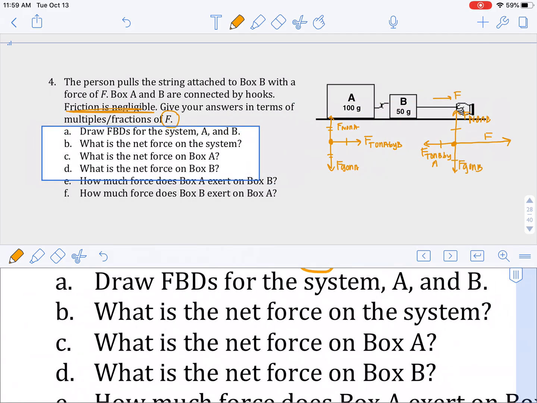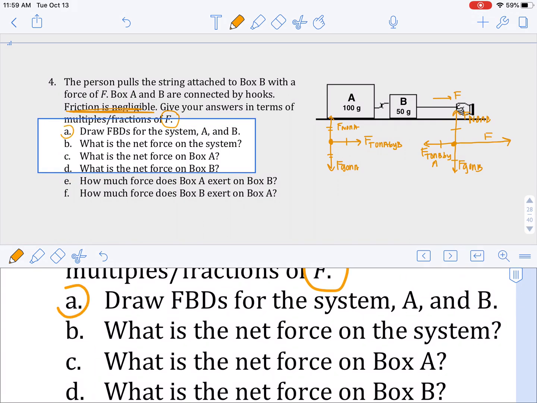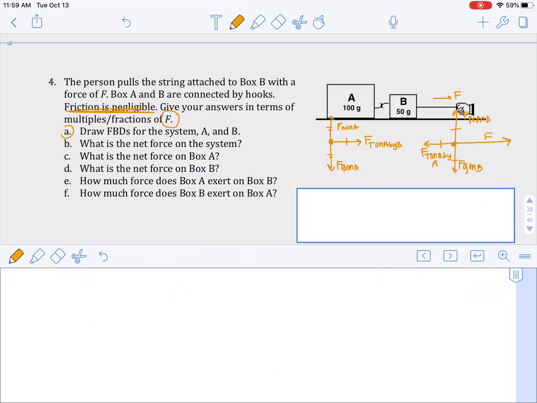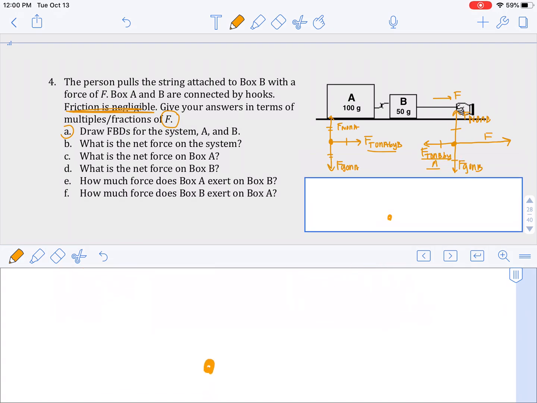Okay, so I need to determine the net force of my system, and I need to actually draw an FBD for this system. When I draw an FBD for this system, I am going to eliminate forces that don't really mean anything. So FT on A by B and FT on B by A, those two forces are going to cancel each other out.